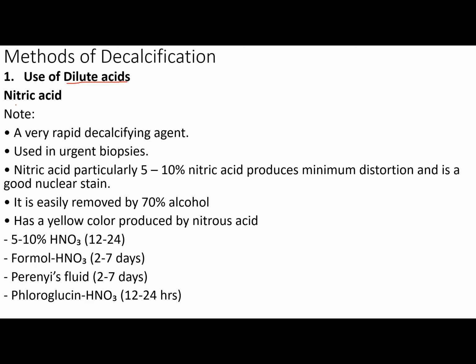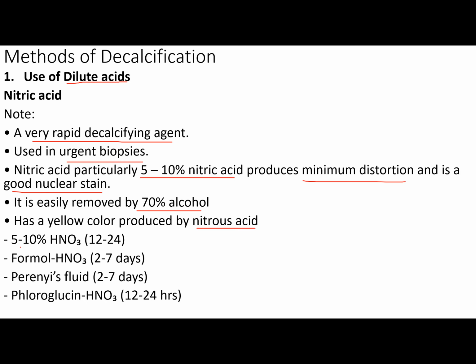Now, your nitric acid is a very rapid decalcifying agent used in urgent biopsies. Particularly 5 to 10% nitric acid would produce minimum distortion and is a good nuclear stain. Easily removed by 70% alcohol. Has a yellow color produced by nitrous acid. Then meron siyang mga variation.